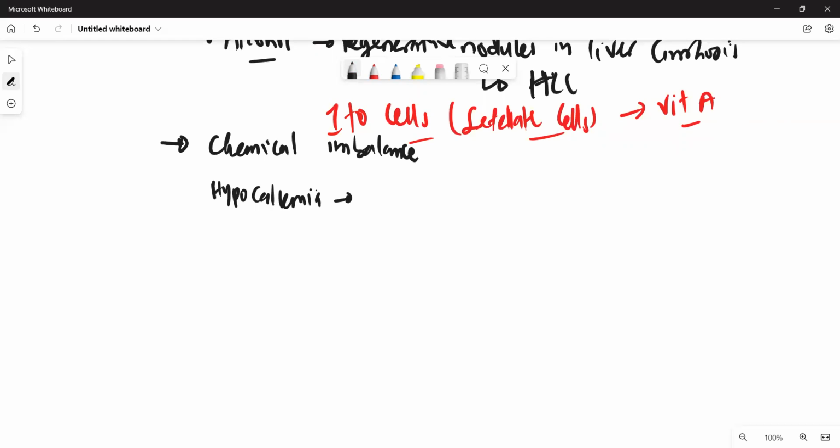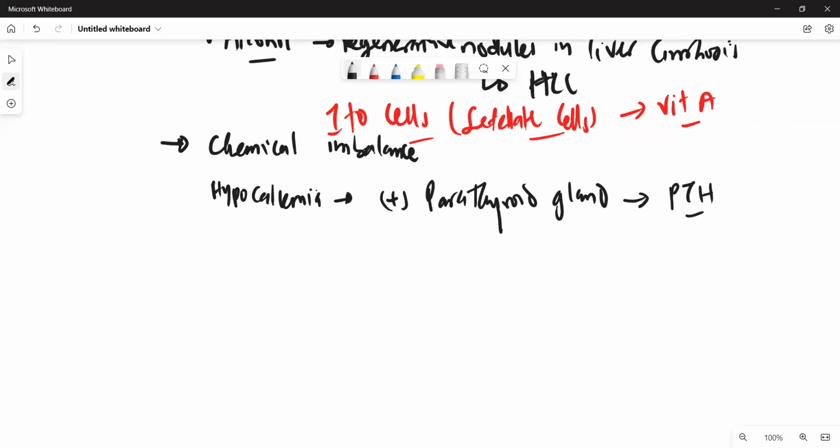And one of the hormones that regulate calcium is parathyroid hormone, right? So this hypocalcemia will stimulate the parathyroid gland to produce parathyroid hormone, right?